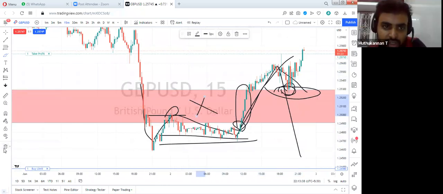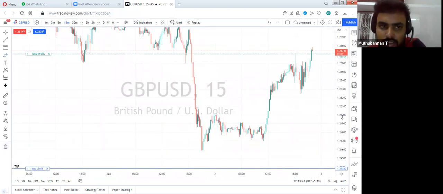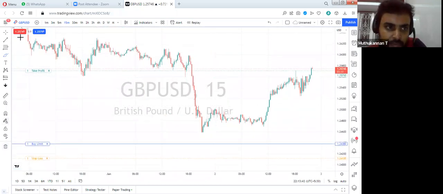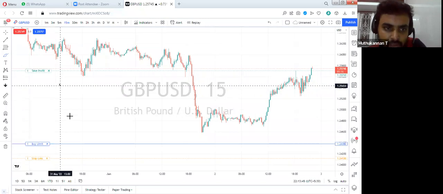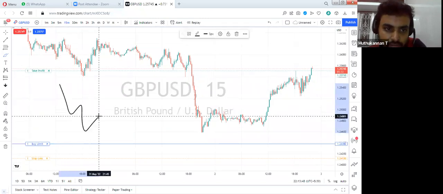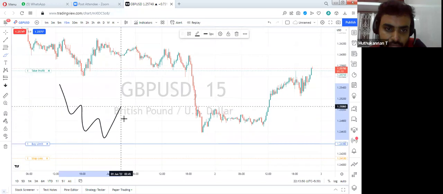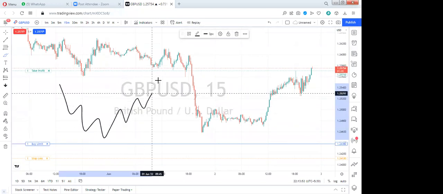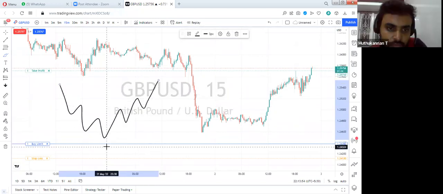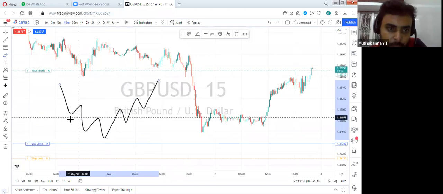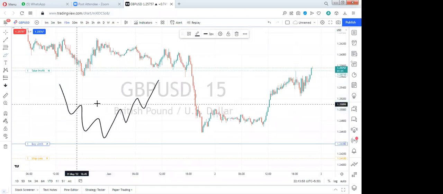Similarly, the mitigation block is a bit confusing because we'll be looking for something that looks like this. This is your order block, right?